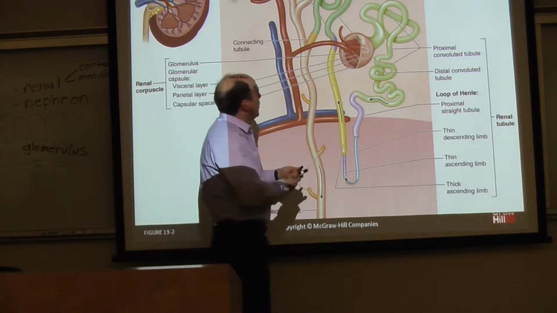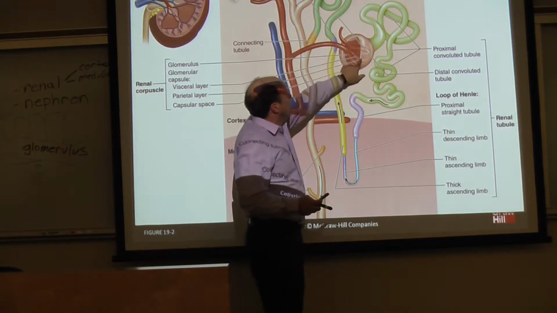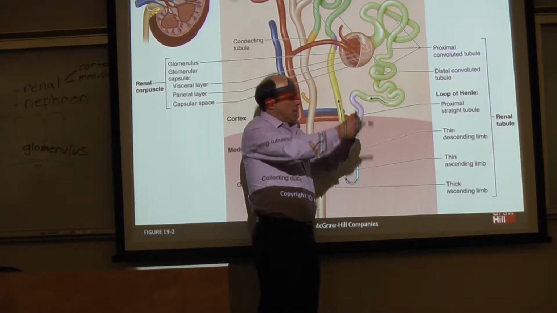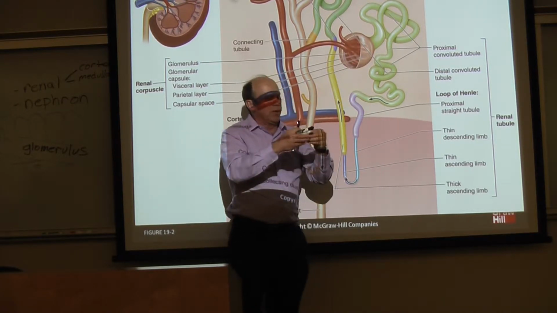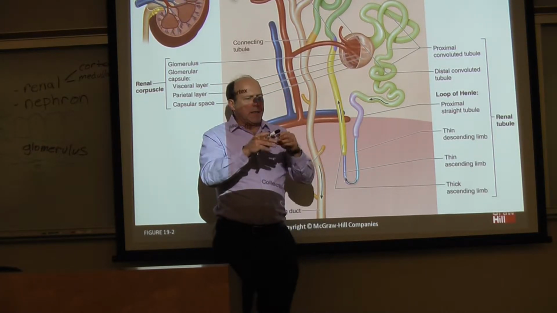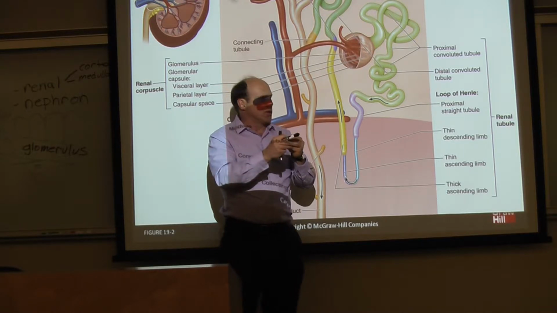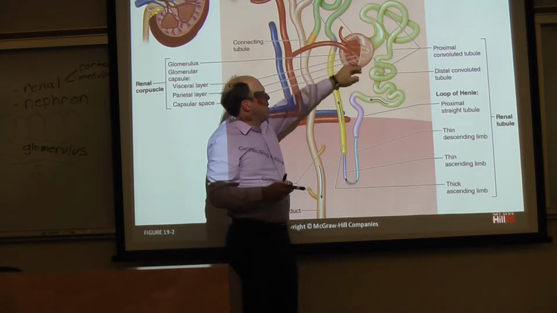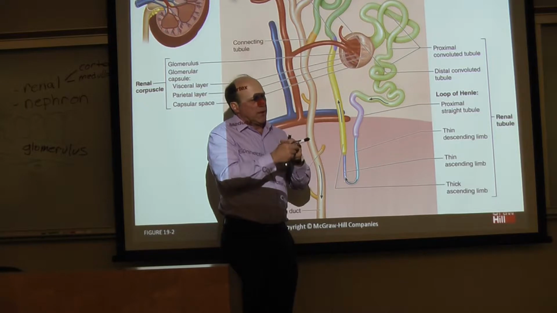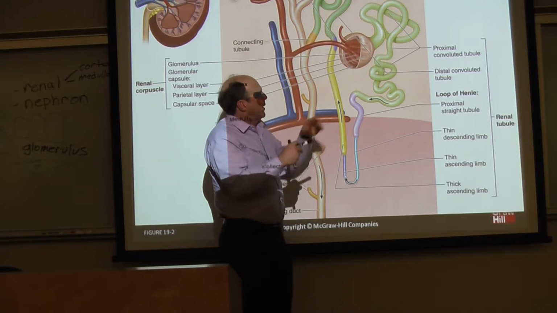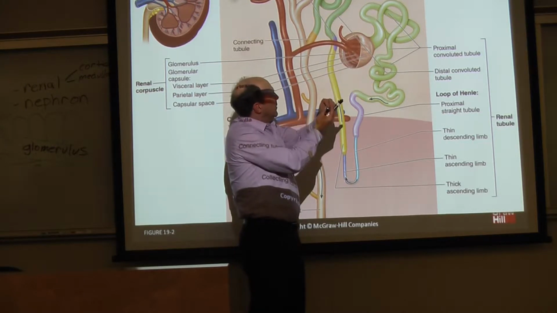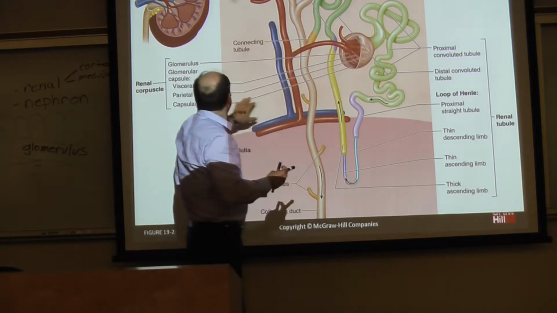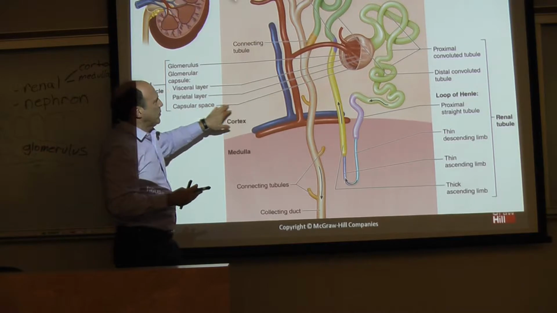Okay, so this is kind of what you'd expect to see, right? Because there's got to be a ball of these tiny vessels. And the reason you're doing that is because you want to optimize the surface of exchange. You're trying to get urea and waste products out of the blood. You're filtering the blood. So you create this capsule-like structure here. They call this a capsular space.